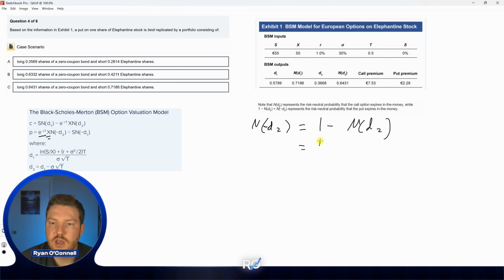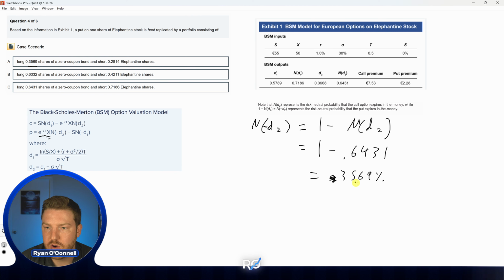So that's going to be easy to calculate. We can just take 1 minus that, which should be 0.6431. And now that will give us that value right there of 0.3569. I shouldn't have put the decimal there, I'll put the decimal right here. We're saying that there's basically a 36% probability this put expires in the money right now, and that's how we're determining the value.